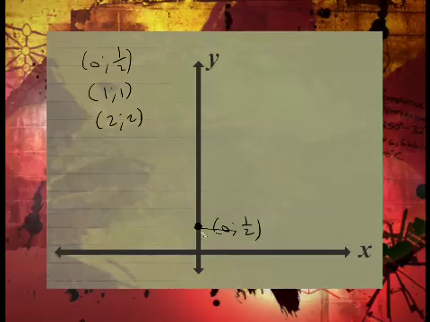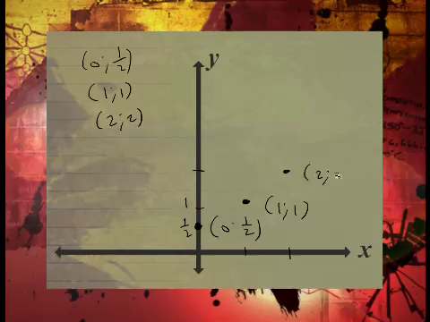Then we also get 1, 1, which is x is 1 and y is 1 there. So that's 1, that's a half. 1, 1 is there. And then 2, 2 is x is 2 and y is 2, which goes there. So your graph is actually doing this. It simply shifted.